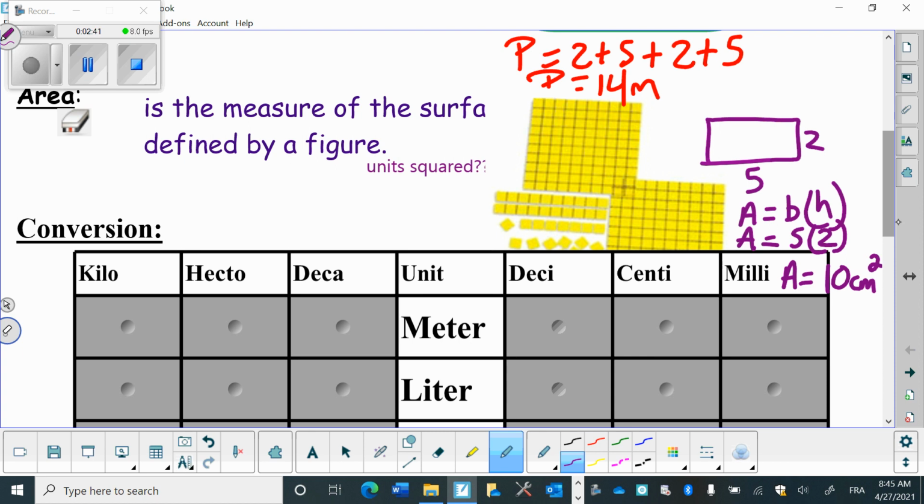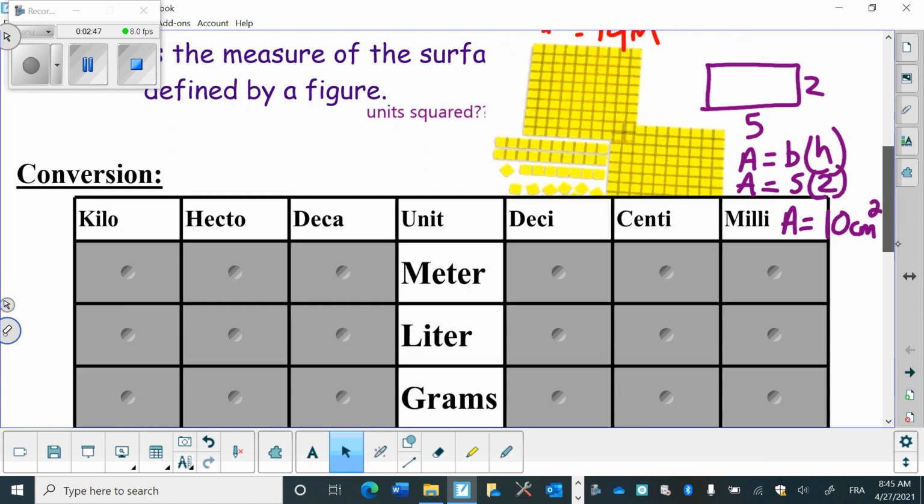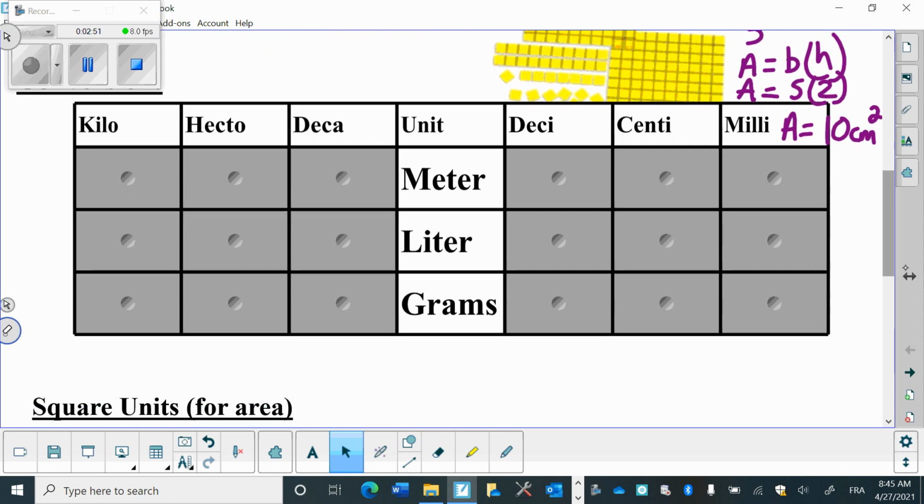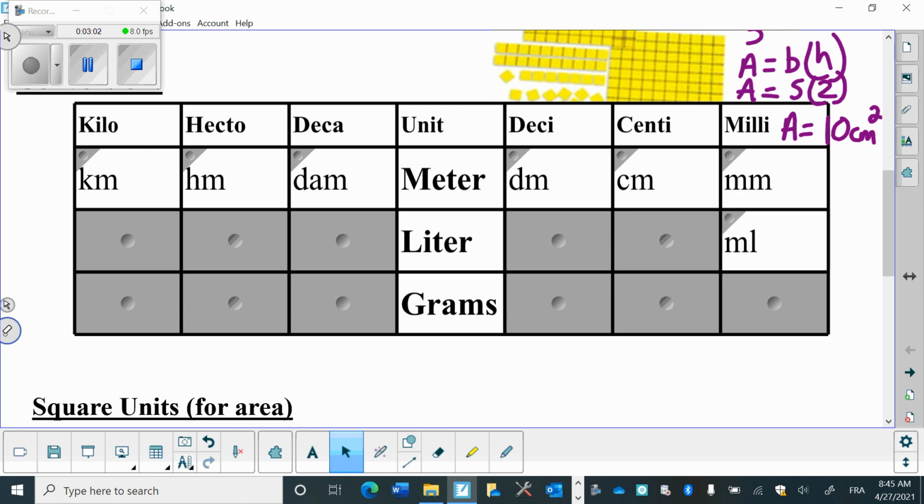Metric conversion also would be previous knowledge. This is something we will be going over, but when I'm talking about just basic conversion, this is what you should know. We have 3 different measuring units: meter, liter, and grams. Liters would be liquid.